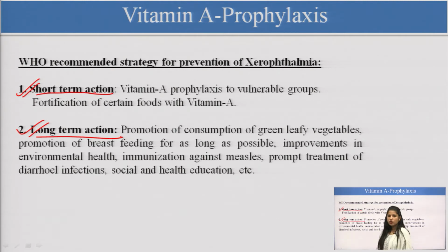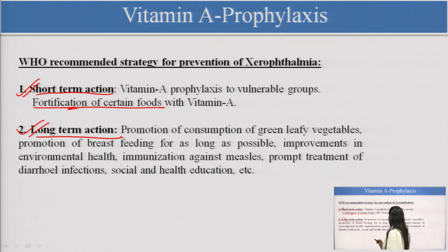For short term action, what can we do? We can fortify the foods. There are some foods like ghee, we can add some vitamin A to it. Whatever foods people are consuming daily, on those foods we can add the vitamins which are deficient in a population. So, that is called fortification of certain foods. This is called short term action.